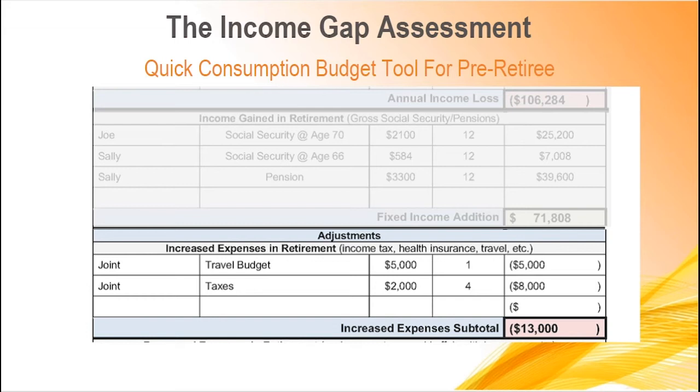And we put in $2,000 as an estimated tax payment 4 times a year. So that's $8,000 of estimated taxes. So you can see down at the bottom in red again, this is an example of a debit. Increased expense subtotal is going to be $13,000, our travel budget plus our estimated taxes.